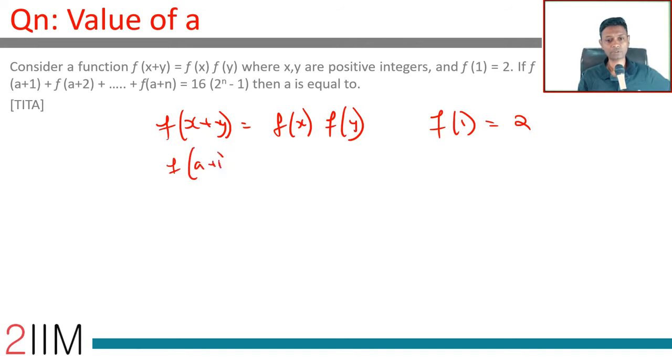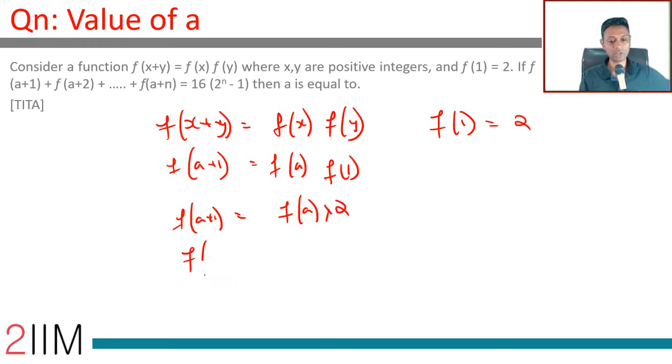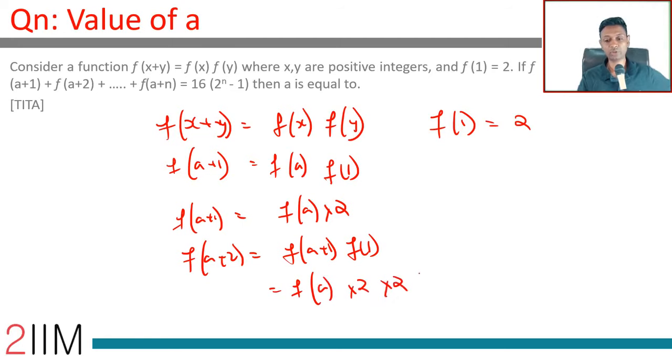F of a plus 1 equals f of a into f of 1. F of a plus 1 is f of a into 2. F of a plus 2 is f of a plus 1 into f of 1, which is f of a into 2 into 2.